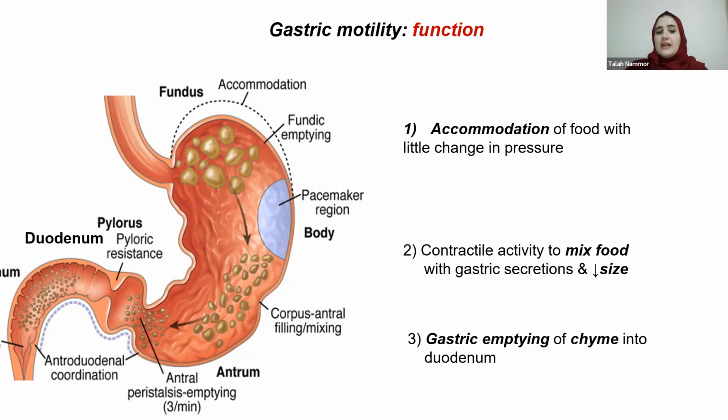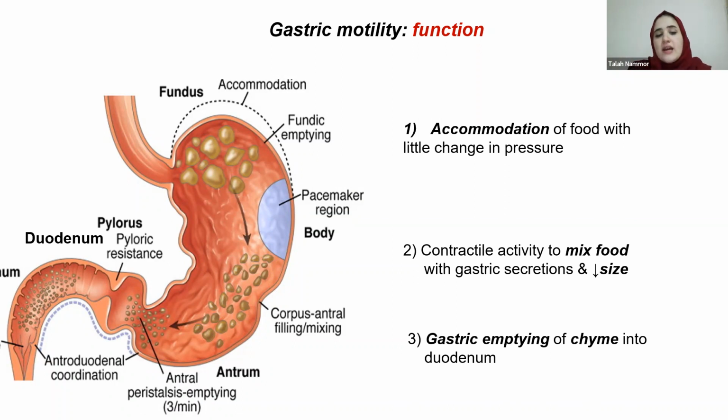When we take in food, we don't want the pressure of the gastric content to increase very rapidly. This will cause herniation. It can cause many different problems. So subhanallah, God created us in a way where our stomach accommodates the food without causing any change in pressure. It's like nothing happened. This is the first function.